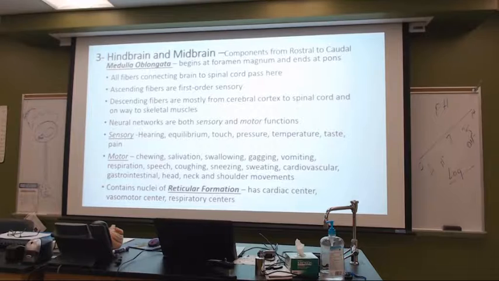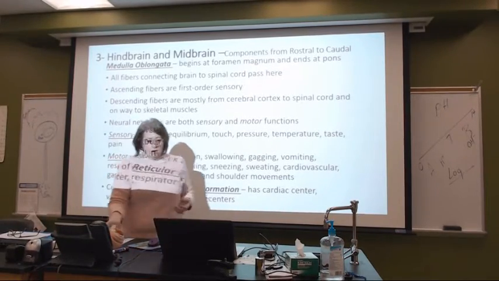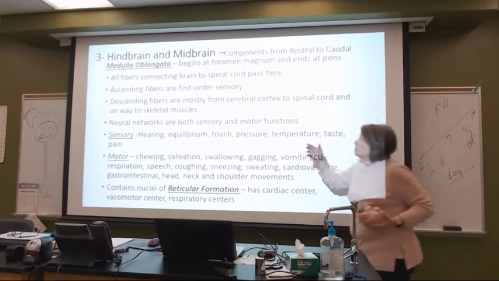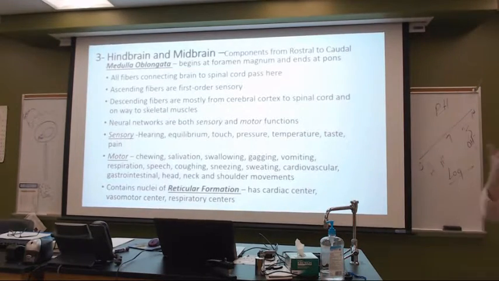So now, as we move into areas of the brain, the way that we're going to talk about the components of the brain, we're going to look at our hindbrain and then midbrain.